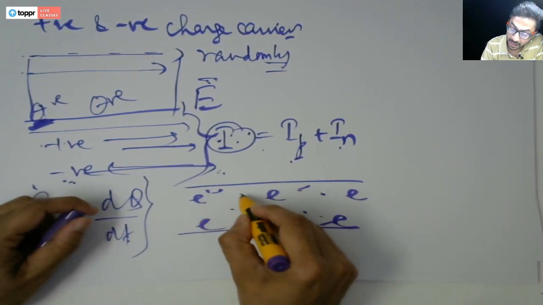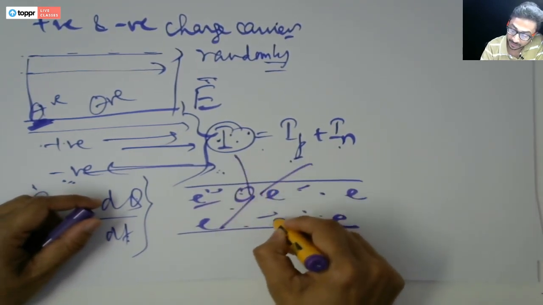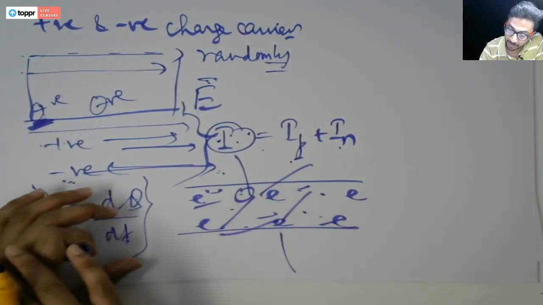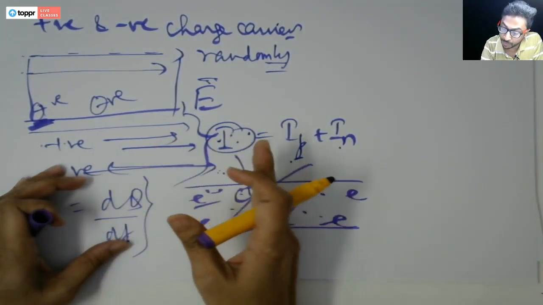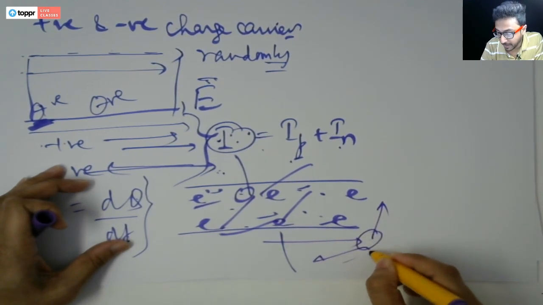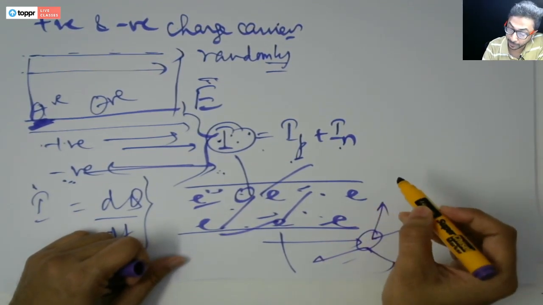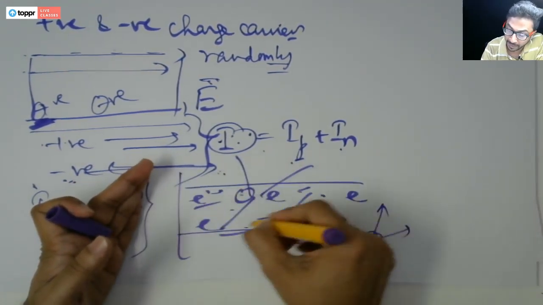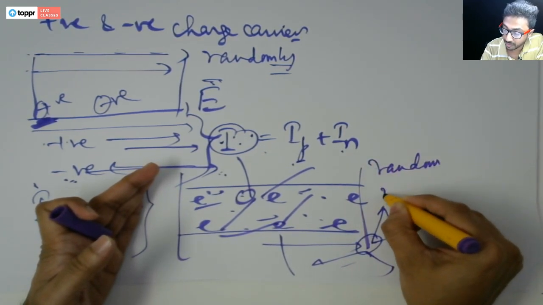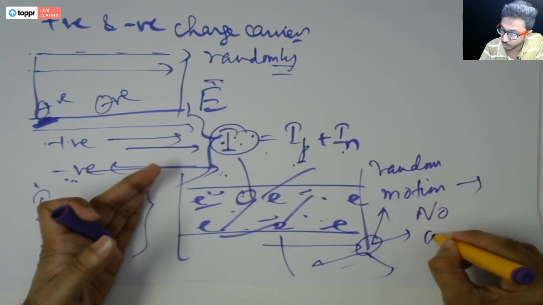The electrons are hitting these fixed charges, so they are colliding and are spread in all directions. They cannot maintain a particular direction, as after collision they go along in various directions. So if we don't apply an electric field, it is a random motion, which means no current.